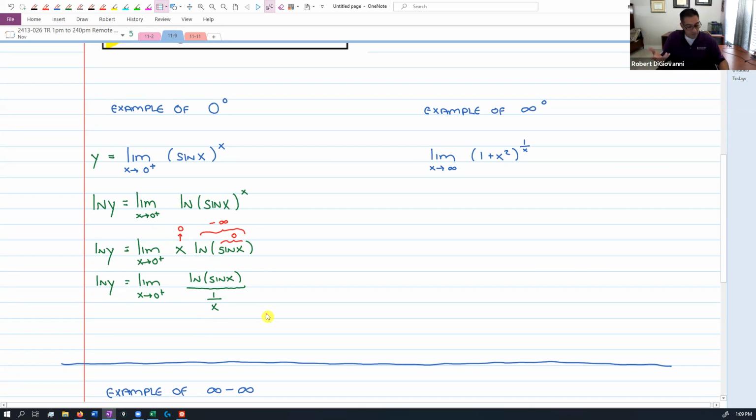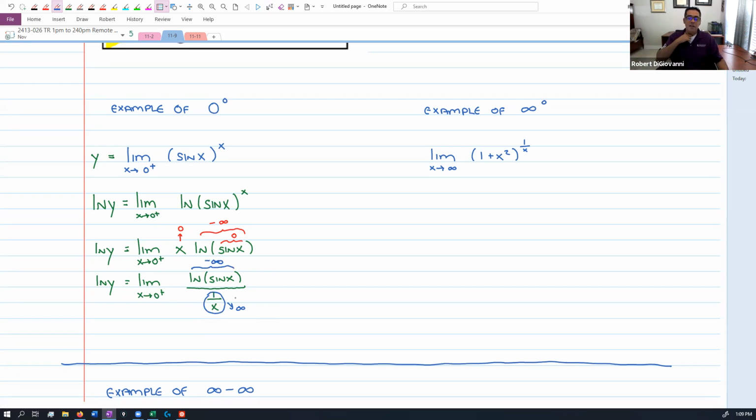And then I can go through it again. What happens as x goes to 0? Well, we know this natural log thing goes to negative infinity. That would go to positive infinity on the bottom. 1 over 0, that right there is going to go to infinity, because now you have a fixed number over 0 that gets big, becoming infinitely large.